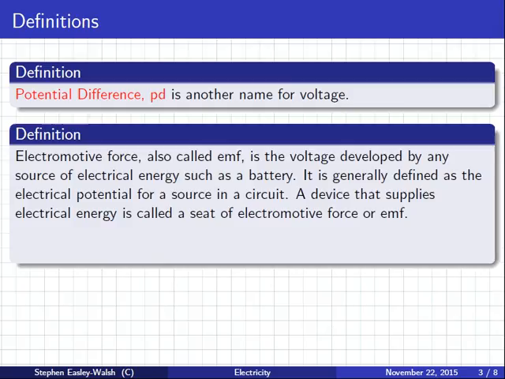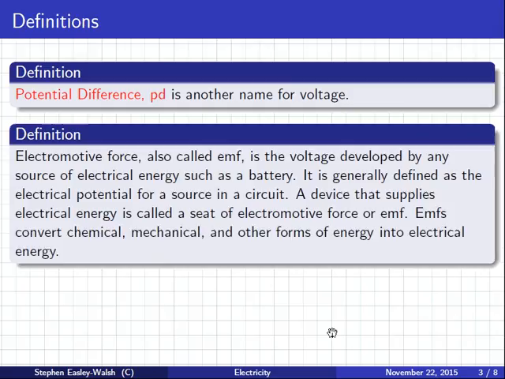EMFs convert chemical or mechanical, but usually chemical energy into electrical. So a battery converts chemical energy into electrical energy. The product of such a device is also known as an EMF.